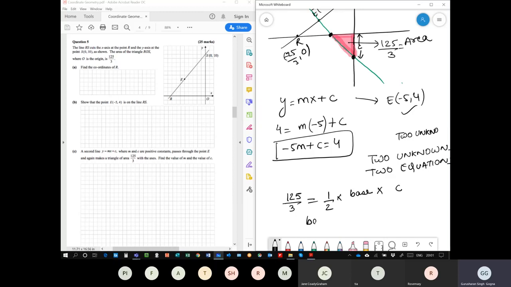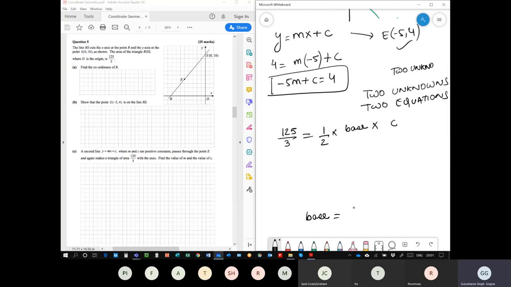So you will get base equals to 2 multiplied by 125, which will give you 250 over 3c. Okay, that's the value of this base.